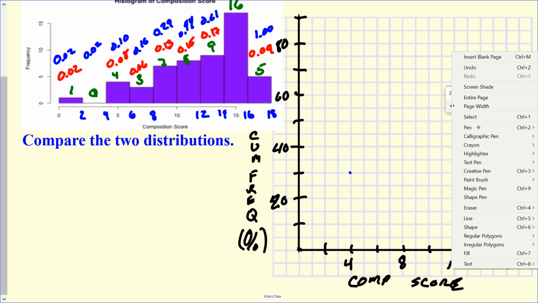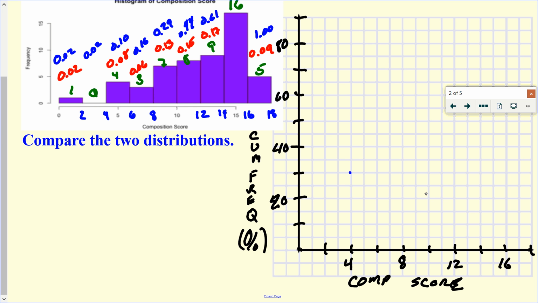All right, so now we can go ahead and plot our points. Starting out here, 0. 2, we have 2%. Up here, because the next one is also 2%, very flat, no change. Then we're up to 10%. Up to 16%.